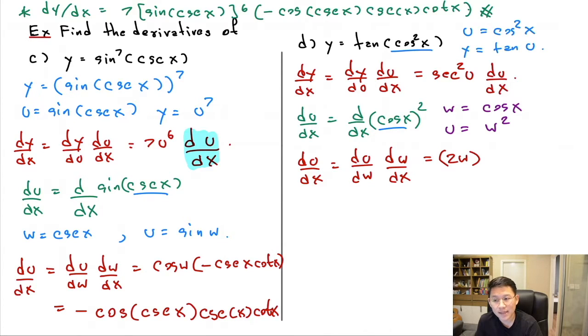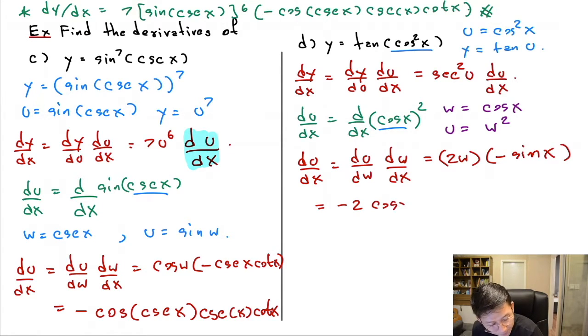And dw by dx would be the derivative of cos. D cos is minus sine, so we have minus sine x here. So we have du by dx is minus 2 cos x sine x.